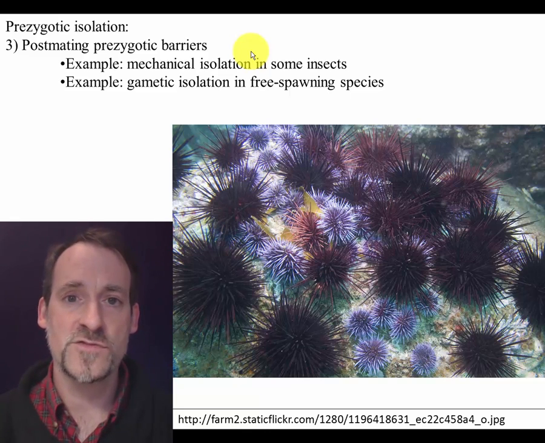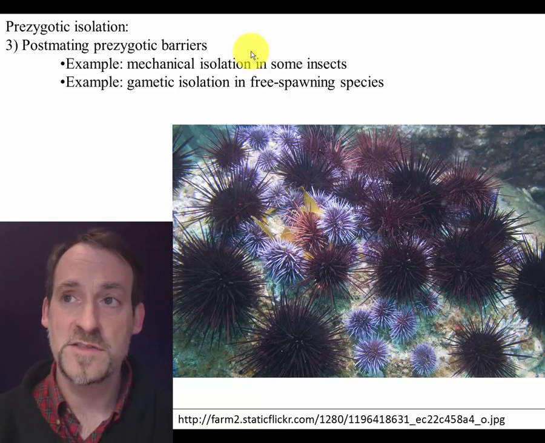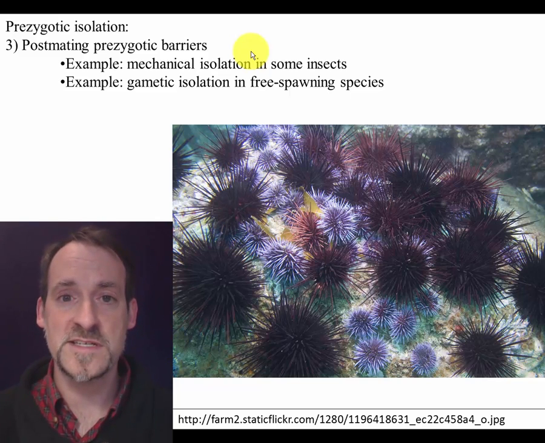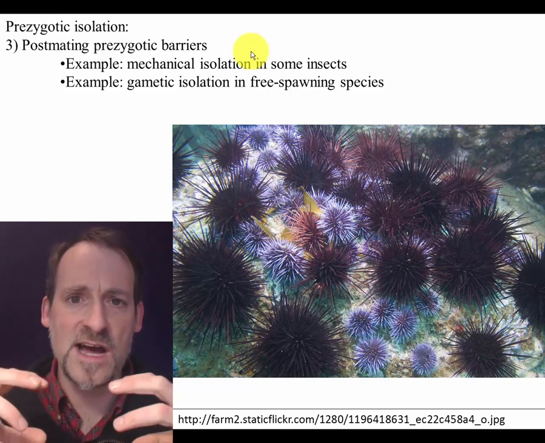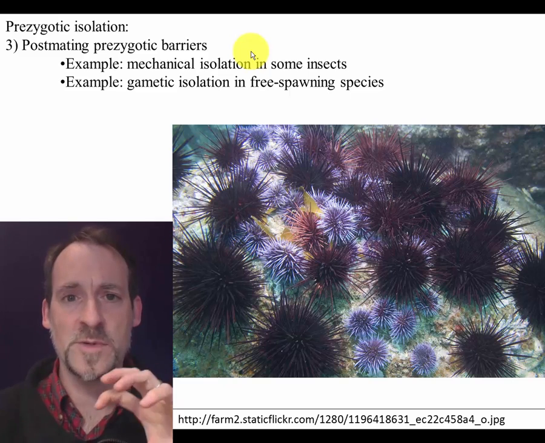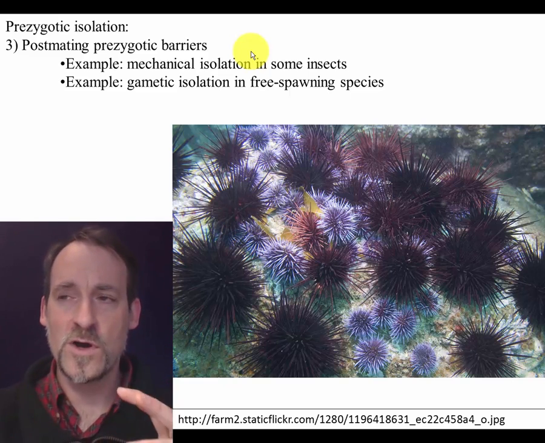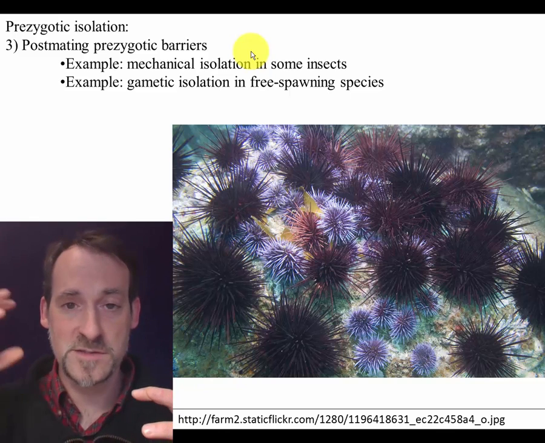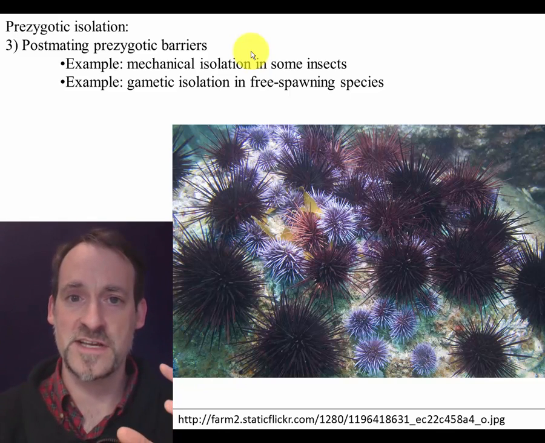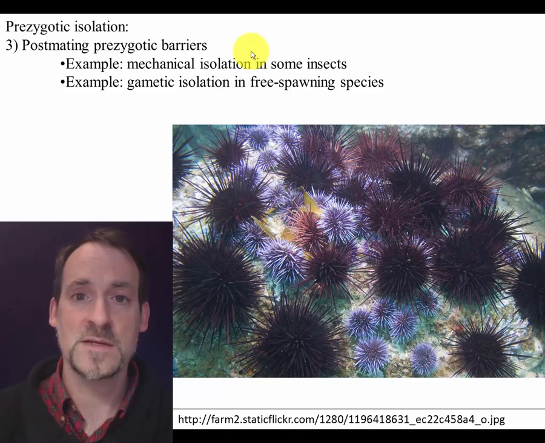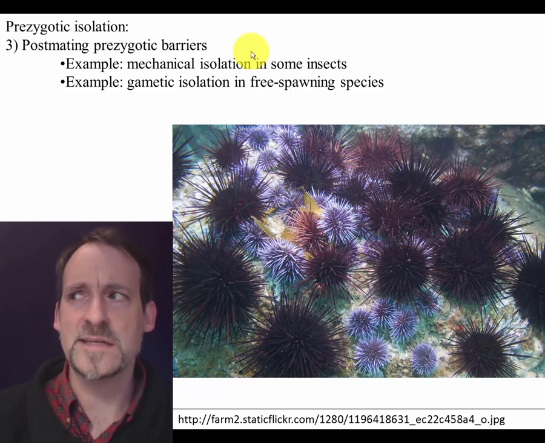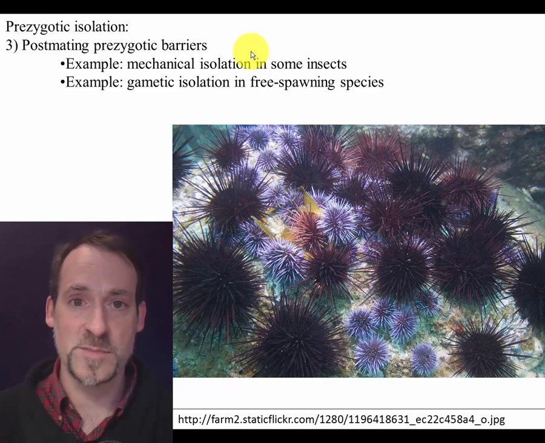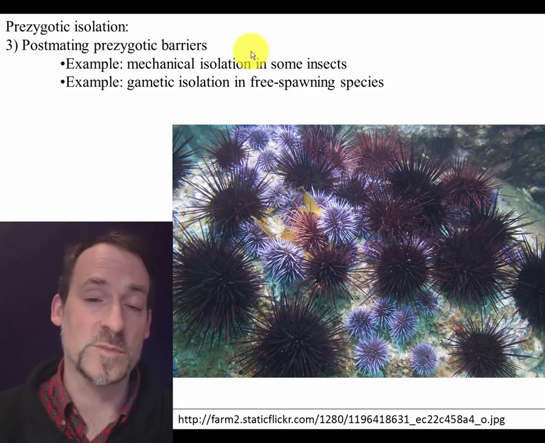However, in many of these free-spawning species, the sperm from one species just chemically cannot fuse with the egg from another species. They've evolved so that the mechanism of fertilization that the sperm uses and the mechanism of fertilization the egg uses are different. So the mating essentially happens, the sperm and the egg meet, but they can't form a zygote.